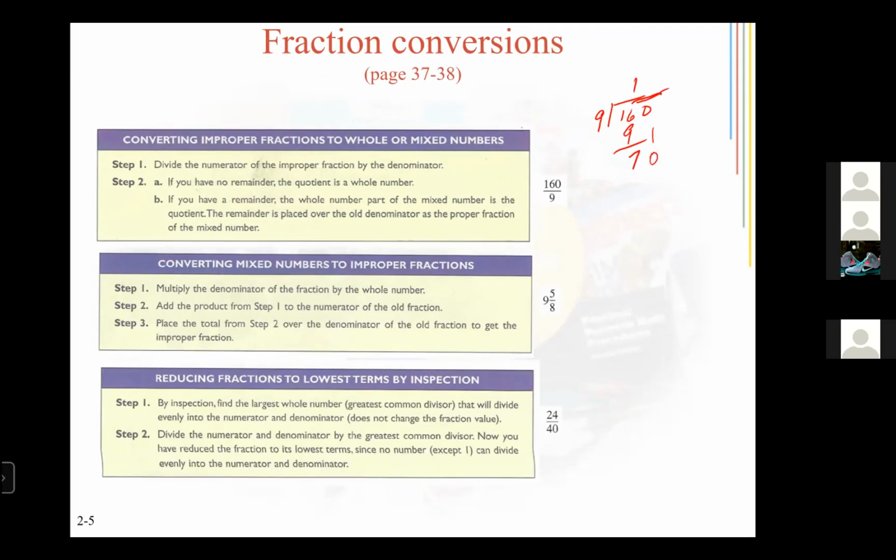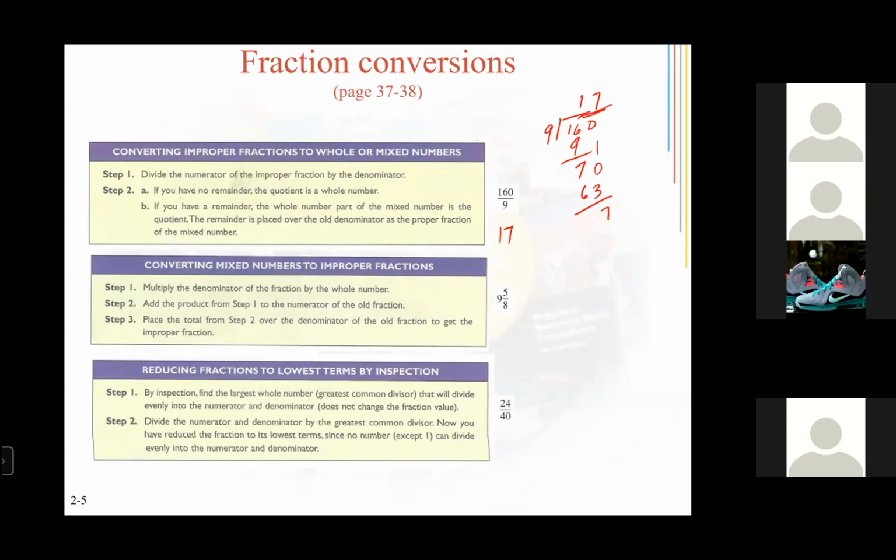It is 7, I think. 7 times 9 is 63. 8 times 9 is 72. Yeah. So that's 7, and there's nothing else to bring down. So that's equal to 17, and your remainder is 7/9. So as a mixed number, 160/9 is equal to 17 7/9.